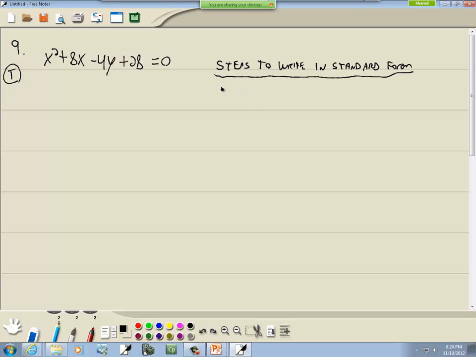Okay. Step 1. Get all the variables with the squared part on one side, everything else on the other side.